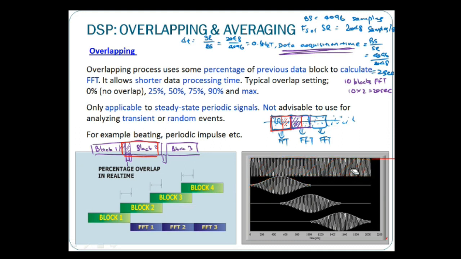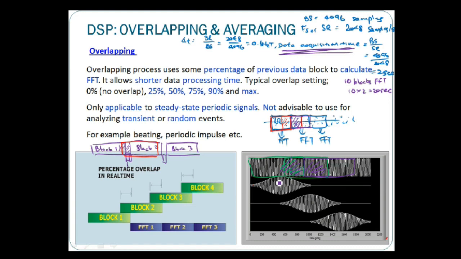Because they are steady, if you are sharing, you have no issues because they are the same. If I don't share, I take a longer time, but I'm taking just this particular part. The front part and this particular shared part, they are the same, so for steady states you can use it, and it helps to save time.